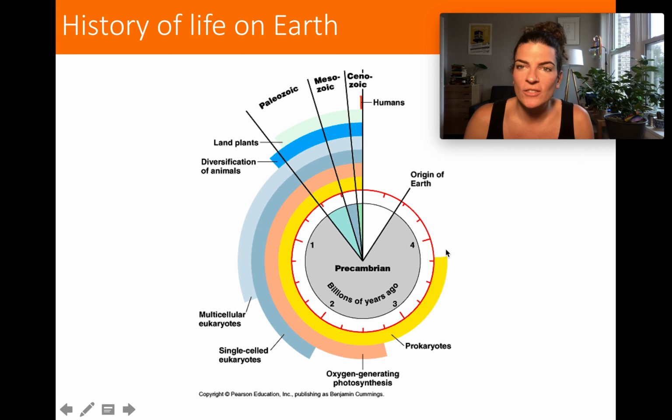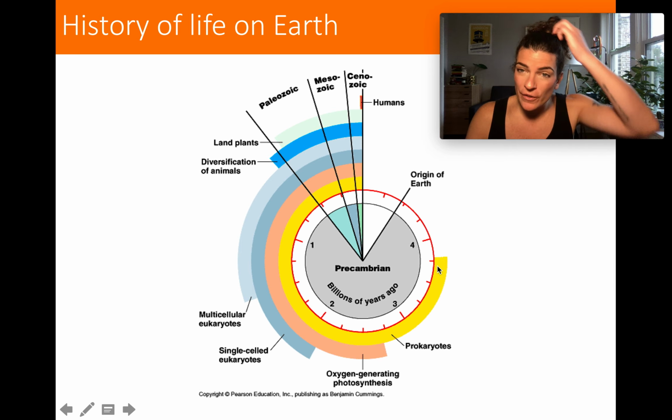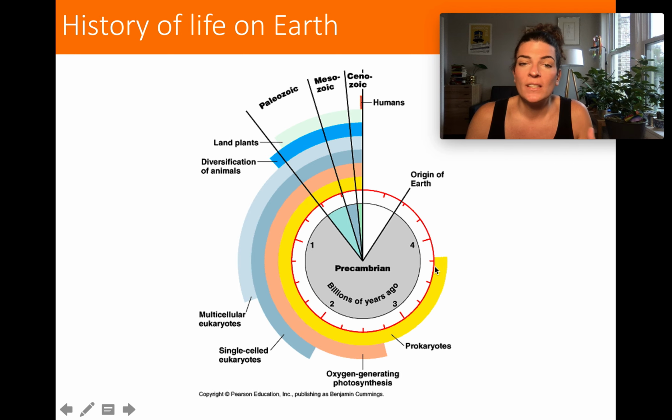Life forms at like just before 6 a.m. And then for many, many billions of years, life exists on Earth as a single-celled, low diversity of species organisms.